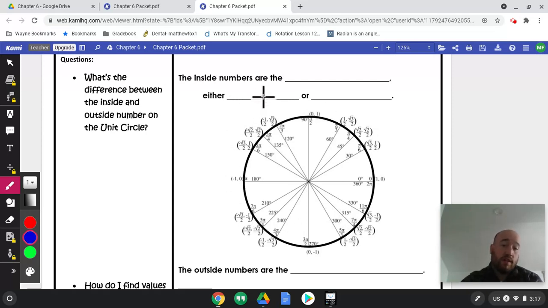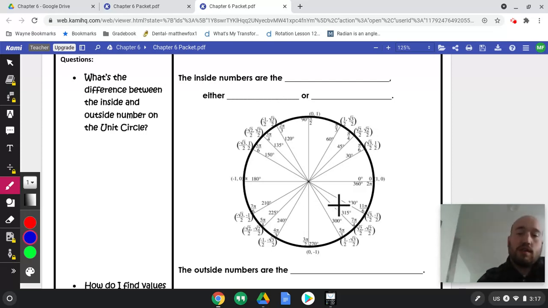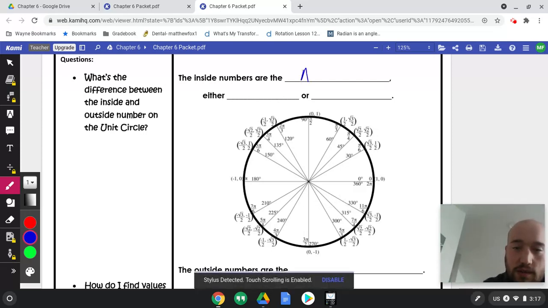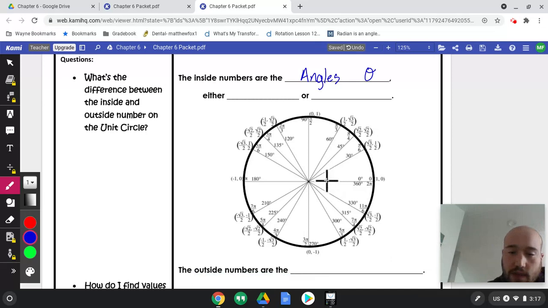So if we think about it, the inside numbers represent the angle. When I say the angles, that's specifically our theta, like the central angle in here, and that can be written in one of two ways.